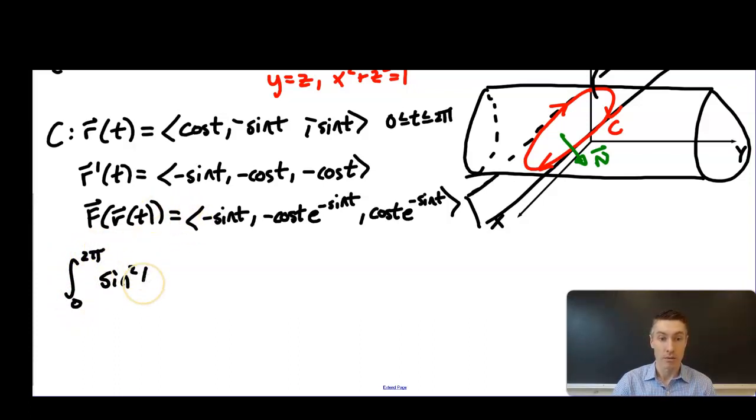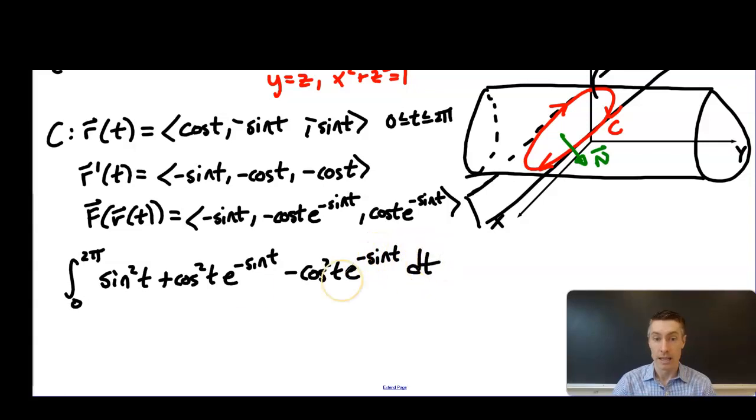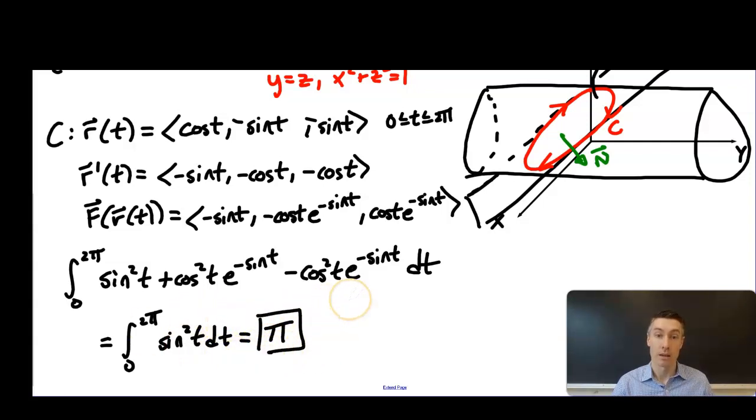That's going to be sine squared t plus cos squared t e to the negative sine t, minus cos squared t e to the negative sine t dt, which is really just the integral from 0 to 2 pi of sine squared t dt, which if you do this out, you're going to get pi. This is a great example to practice integrating sine squared. But again, we see Stokes' theorem at play.